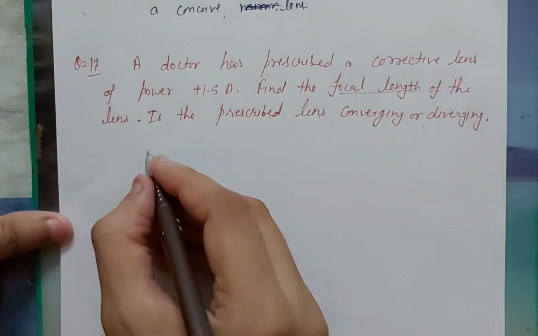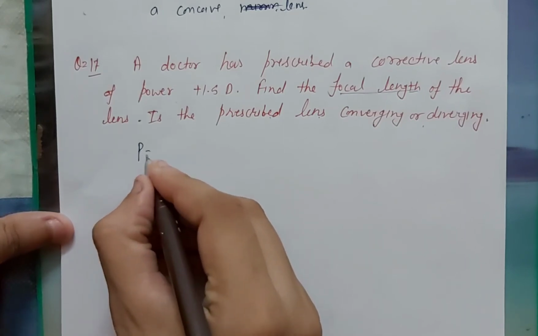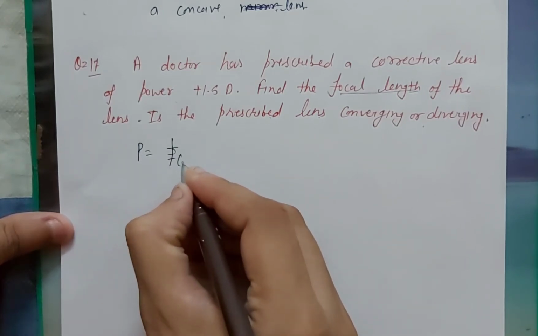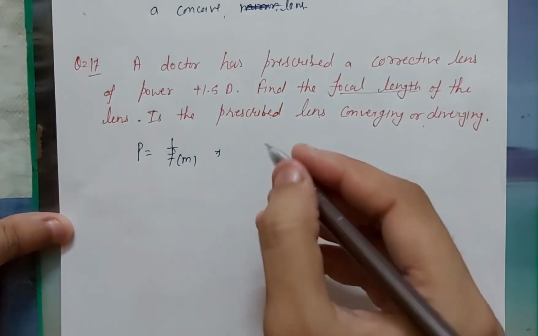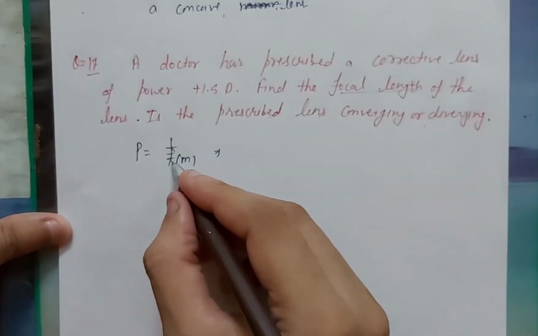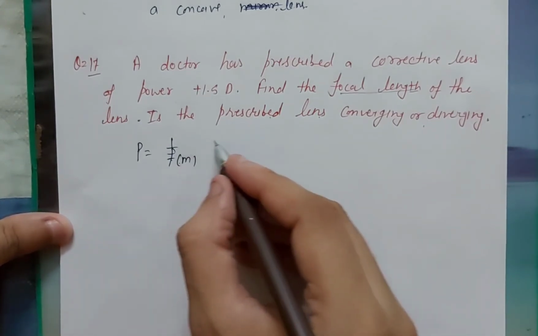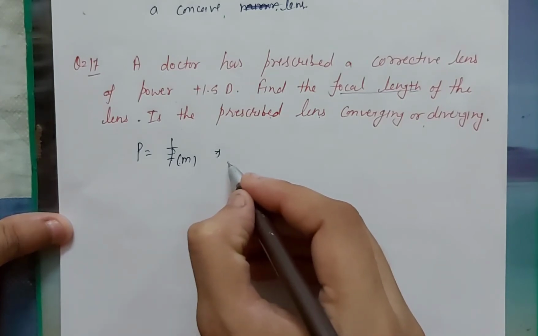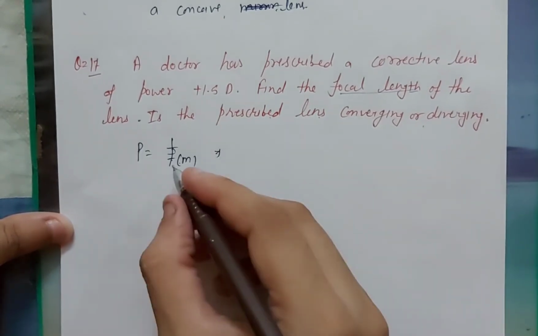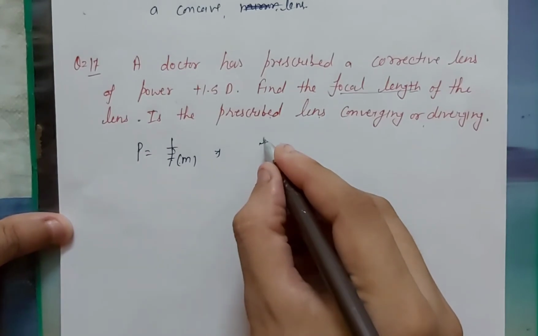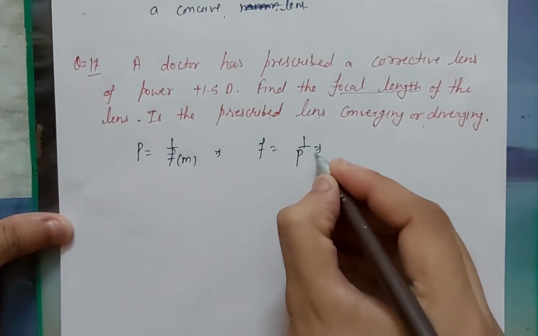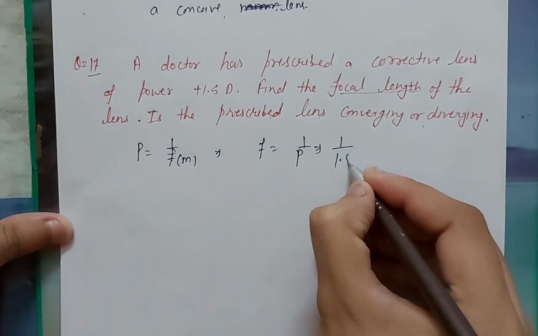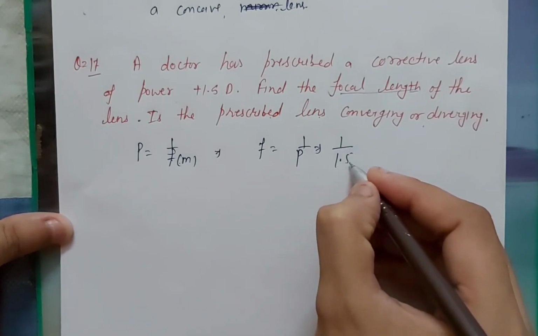So P is given. So we know that power is equal to 1 by f if it is in meter. If the focal length is in centimeter, then we will take 100 divided by f in centimeter. So put the value of P. F is equal to 1 by P. So it is 1 divided by 1.5.